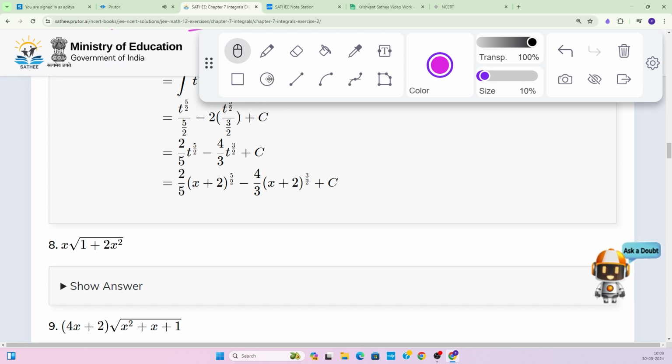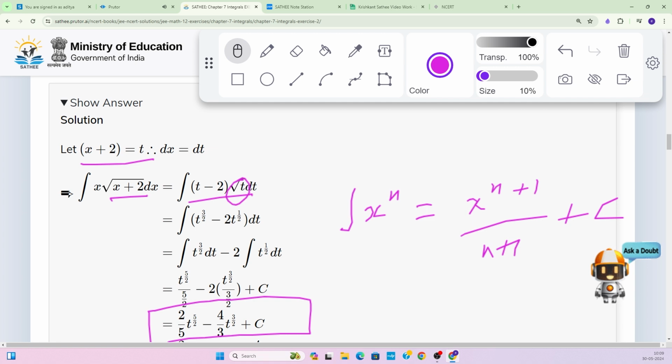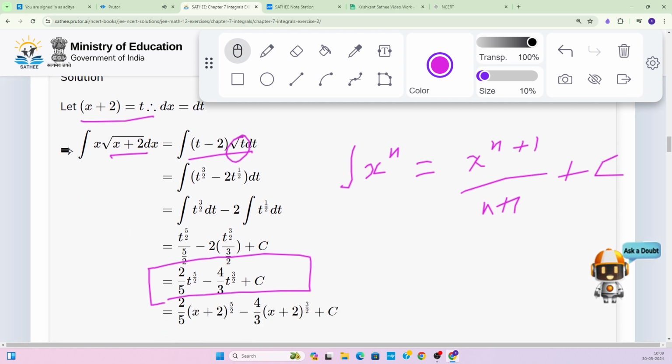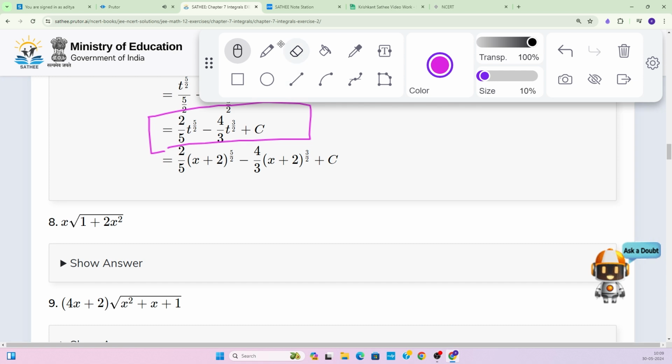After simplifying, you will get this as your answer in terms of t, but originally you want your answer in terms of x, so just substitute your t value, which is x plus 2. You will get your answer in terms of x, which is 2 by 5 multiplied by (x plus 2) power 5 by 2 minus 4 by 3 (x plus 2) power 3 by 2 plus some constant.